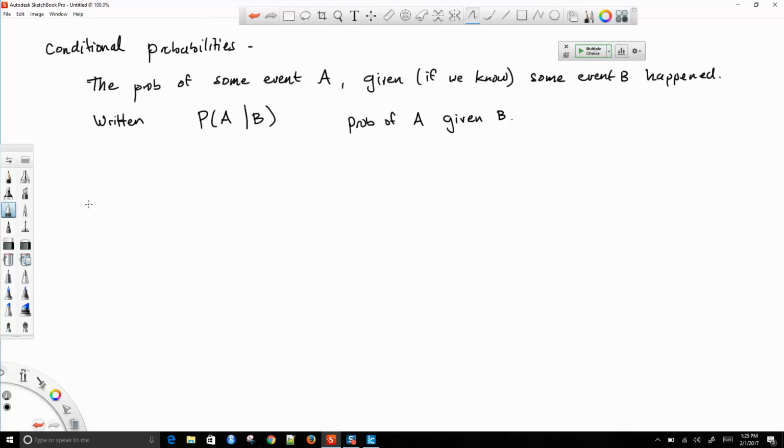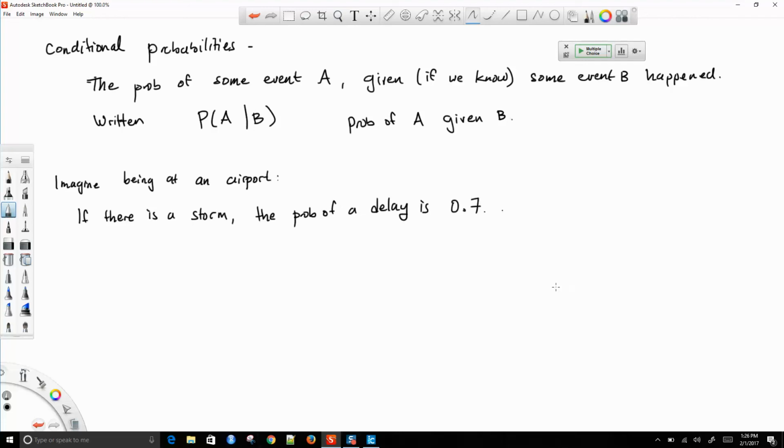Okay, so for example, imagine being at an airport. Okay, and we'll say, if there is a storm, the probability of a delay is 0.7.